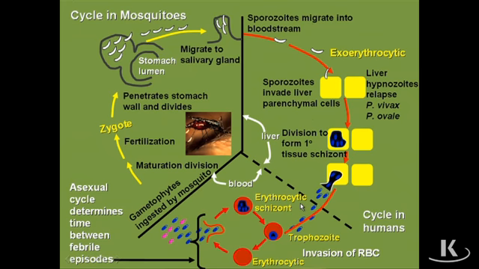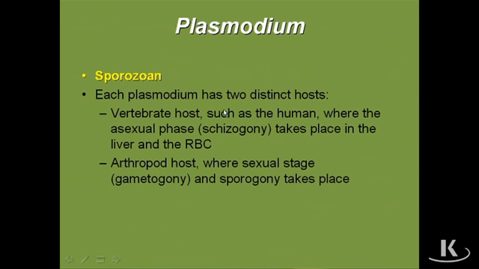All right, so Plasmodium, again, we're talking now about something that has an arthropod, not only vector, but there's actually a specific cycle that has to occur in the mosquito, and then a specific cycle that has to occur in the human in order for Plasmodium to really be infectious.